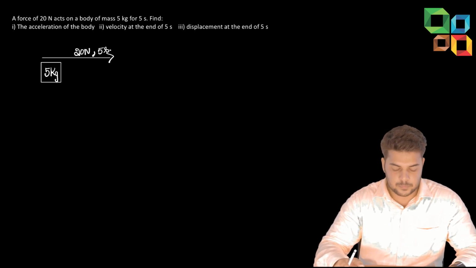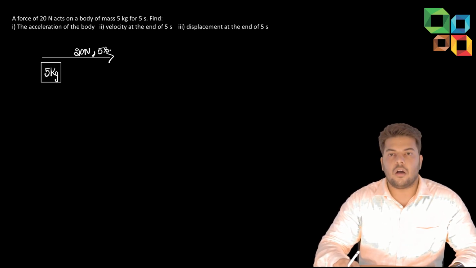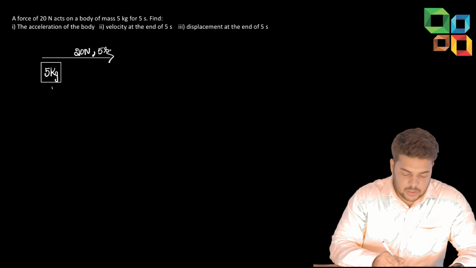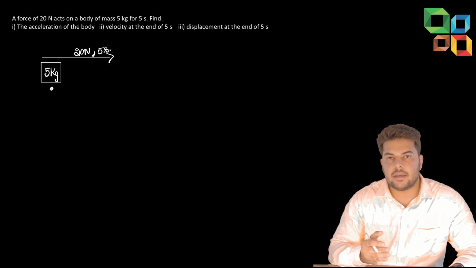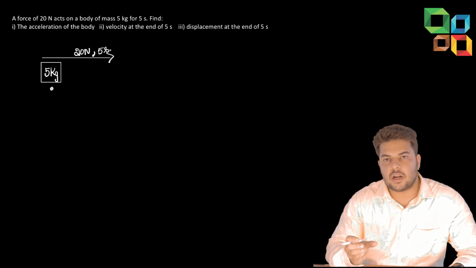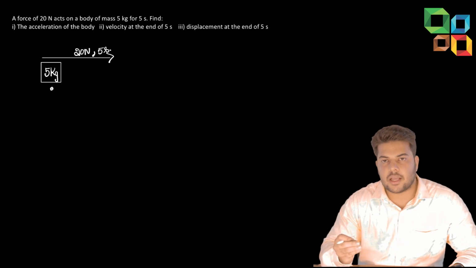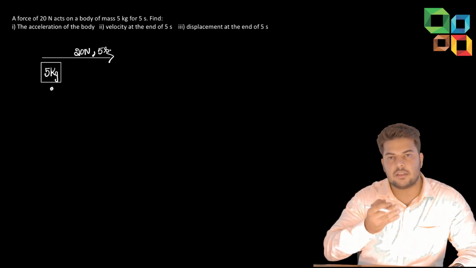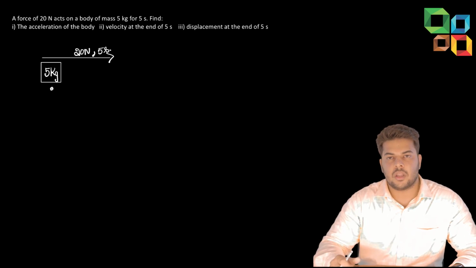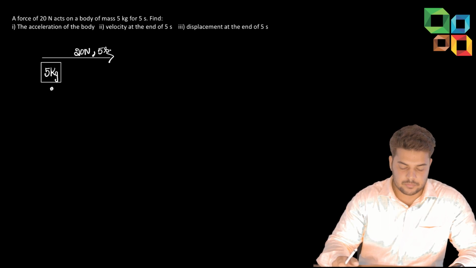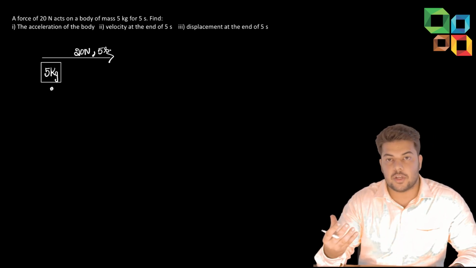So what we would have is a constant acceleration. If the body is initially at rest, it would acquire speed, and that speed would continuously change for 5 seconds. All right. So that's what acceleration means, isn't it? For 5 seconds, the speed keeps on changing. So let's find out what that change in speed is.